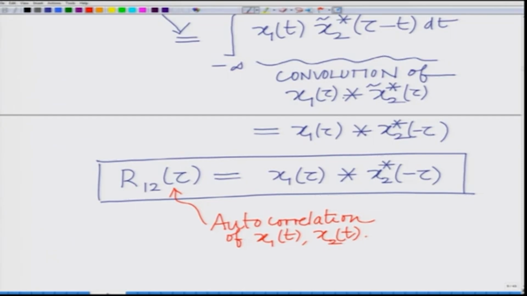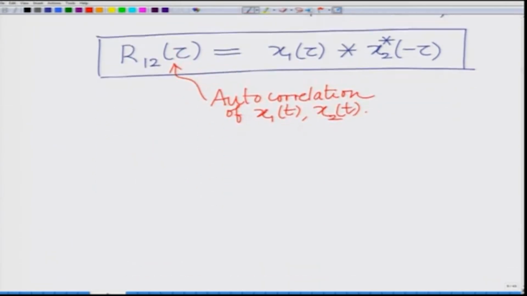Okay. Now let us try to look at this in the frequency domain. Naturally, this is convolution in the tau domain. Of course, now this is not even time, this is tau. Remember, this is the lag or shift.